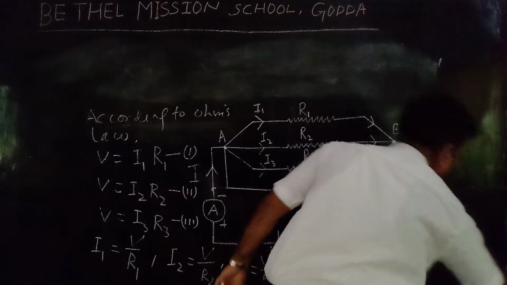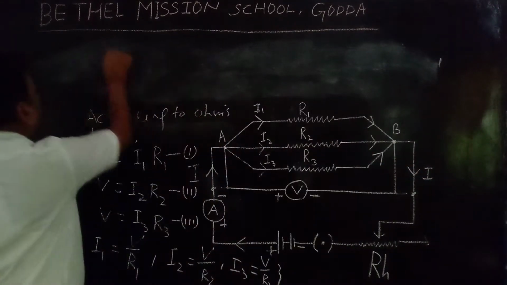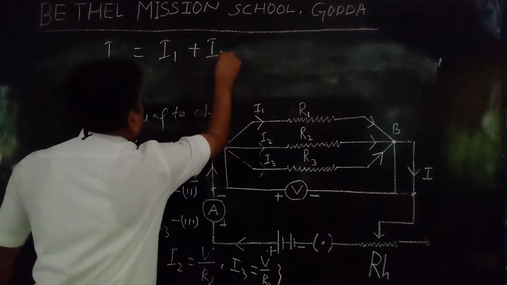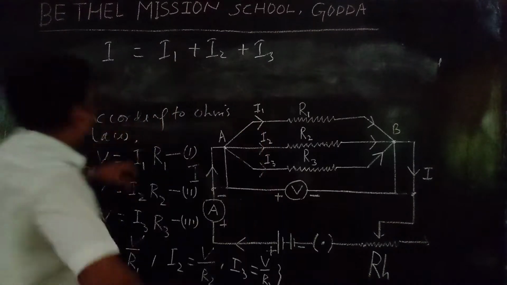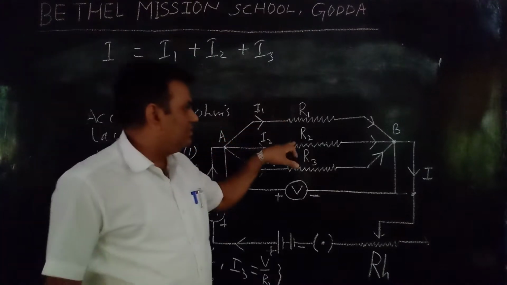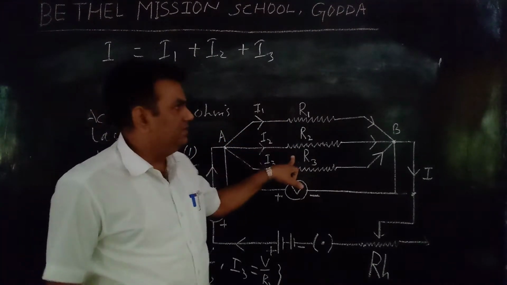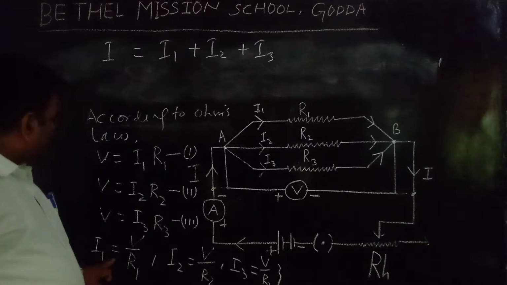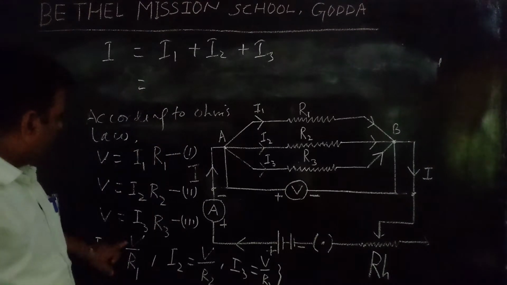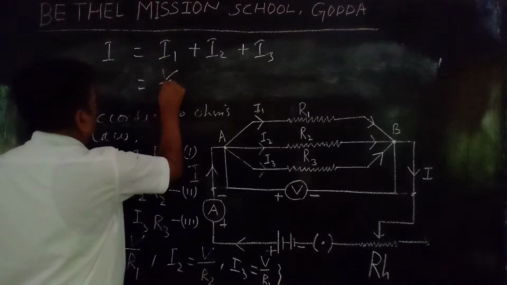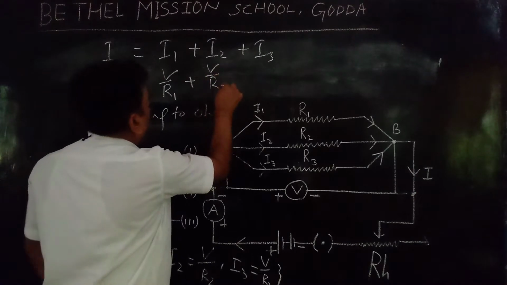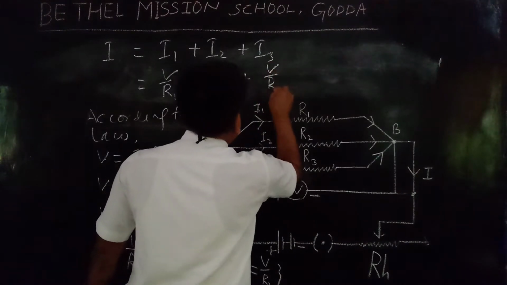The total current is I. Then we can write I equal to I1 plus I2 plus I3, because I1, I2 and I3 are the currents for the resistances R1, R2 and R3 respectively. Now we will put in the values: the value of I1 is V upon R1, the value of I2 is V upon R2, and I3 is V upon R3.